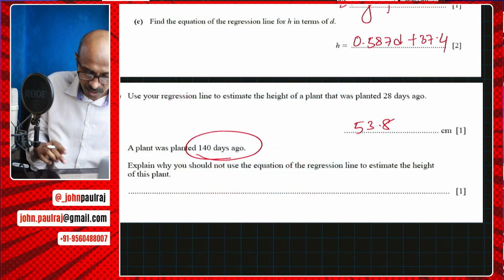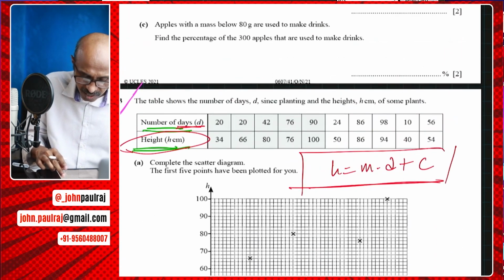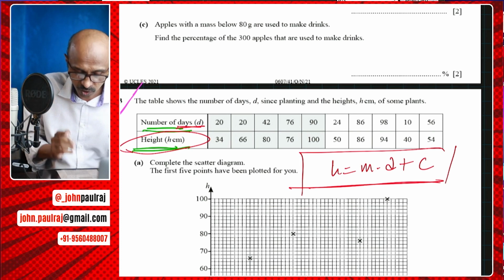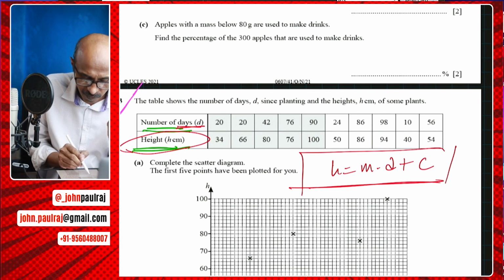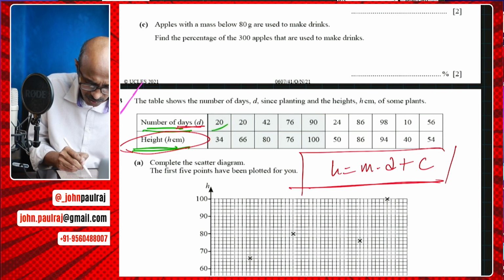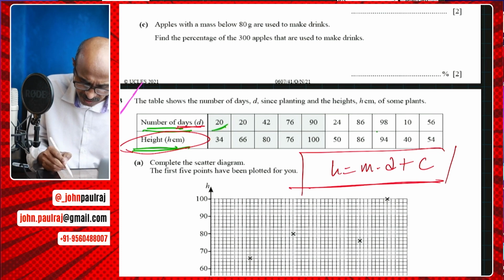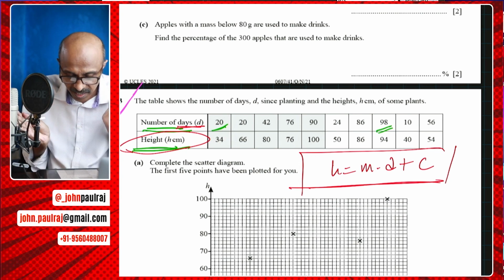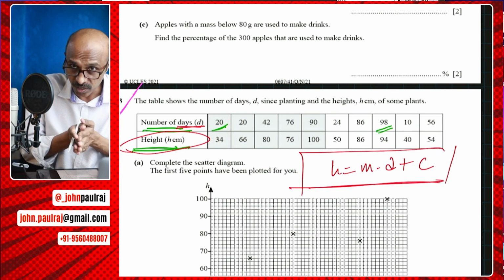The way to answer this question is, when you look at the data, regression is only for the data within that period. Now when you look at the minimum value of days, the smallest value of d is 20, and the highest value of d is 98. So anything that is between 20 and 98, you can use it to estimate.